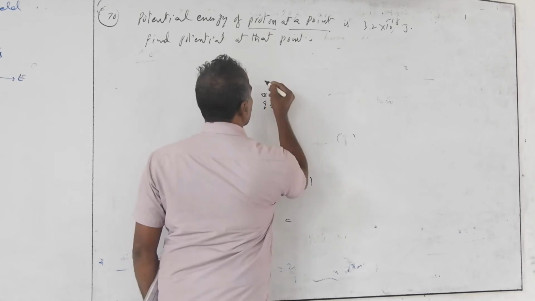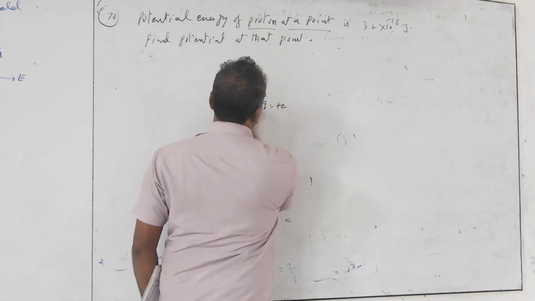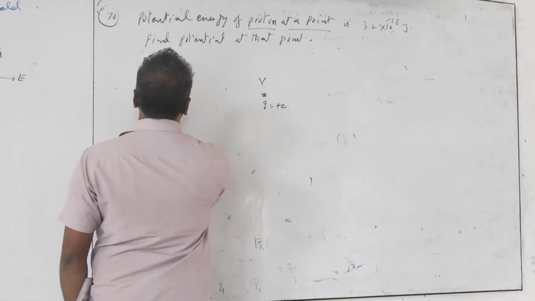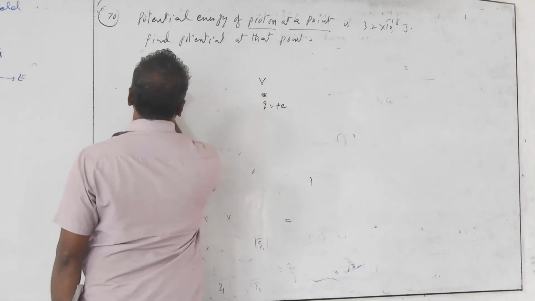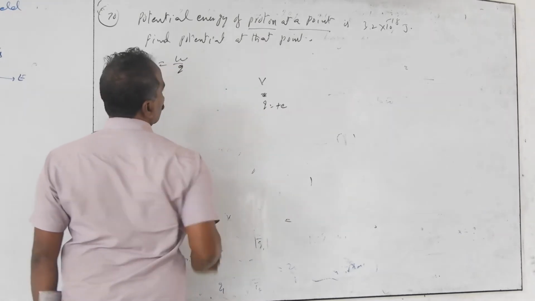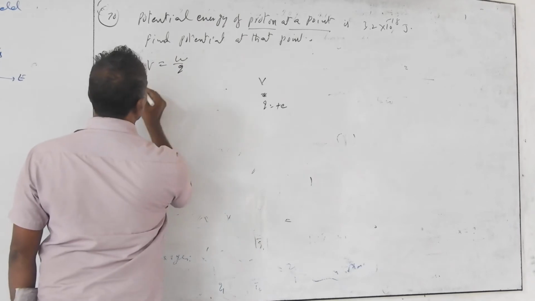Here the potential already exists because of some other charge, the source charge, which is not mentioned in the case and not required. What I bring from infinity to this point is work W, and V equals W by Q, where Q is the charge moved. So work is equal to potential energy.